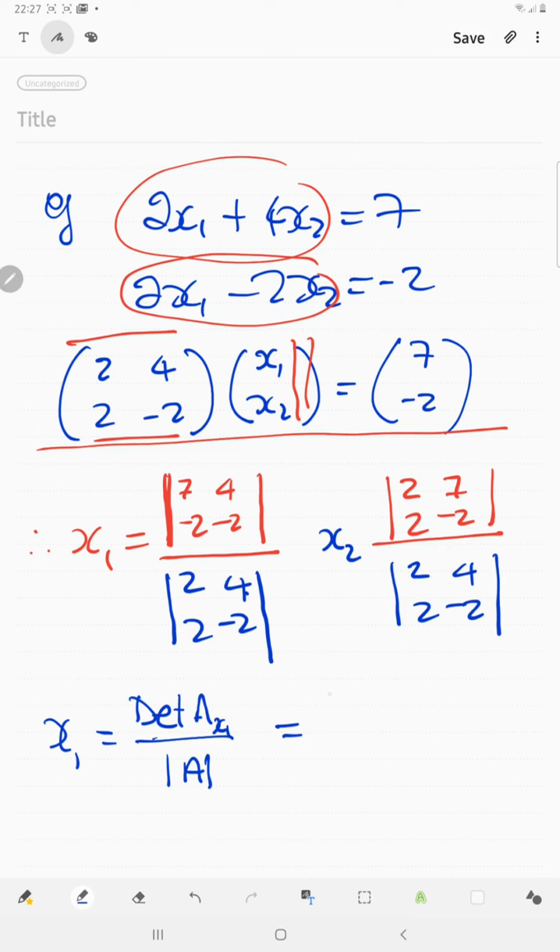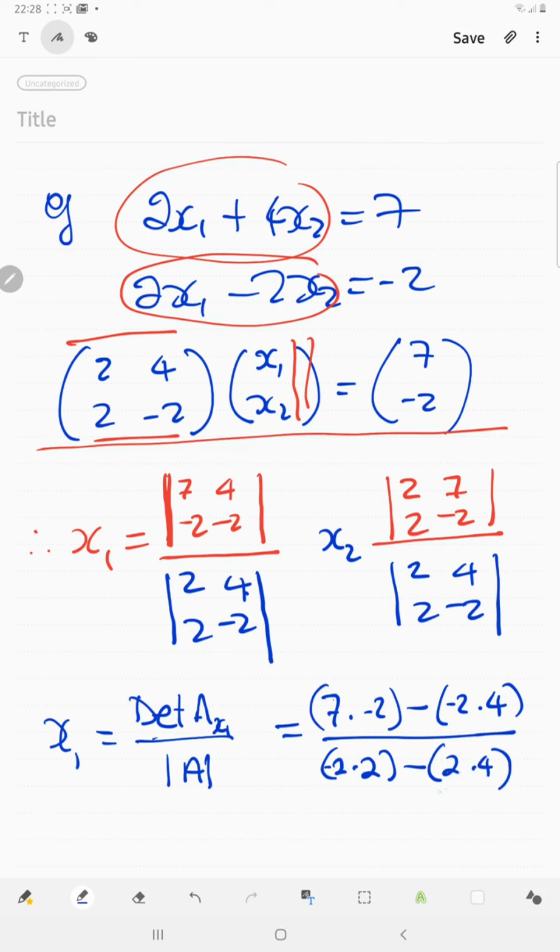So you just multiply 7 multiplied by negative 2, in brackets, minus negative 2 multiplied by 4, and then you divide this by negative 2 multiplied by 2, minus 2 multiplied by 4, so that at the end of the day you get negative 14 plus 8 over negative 4 minus 8.